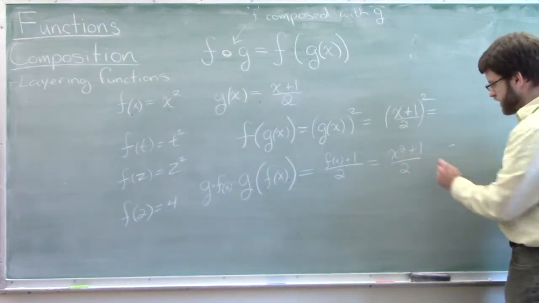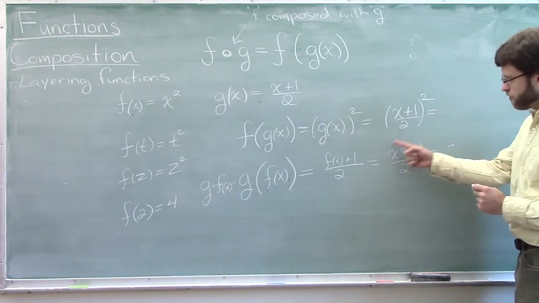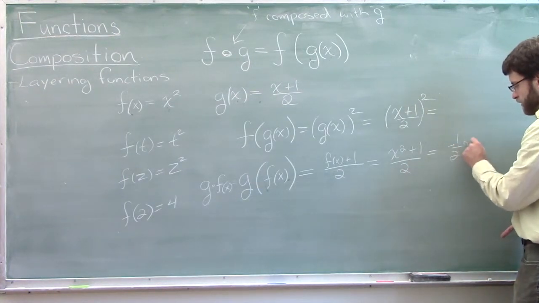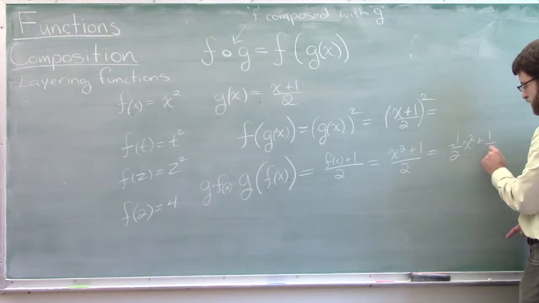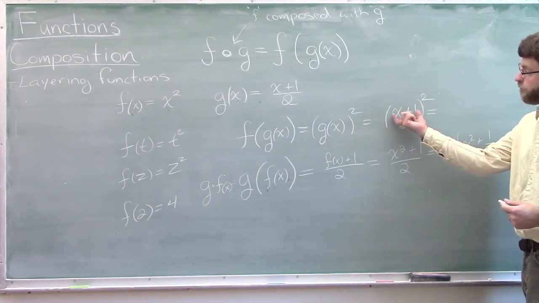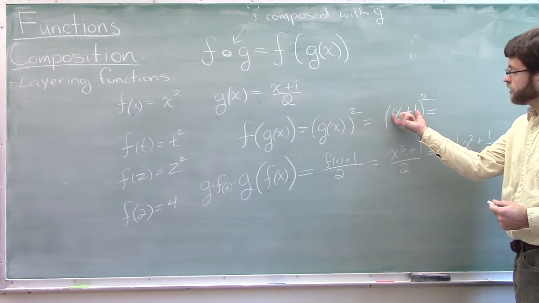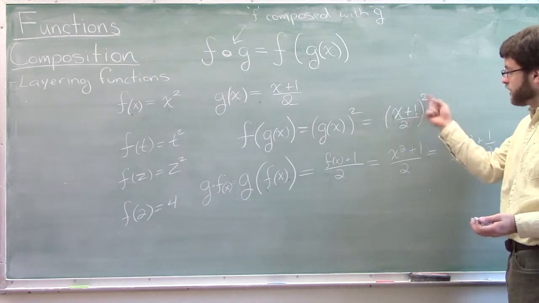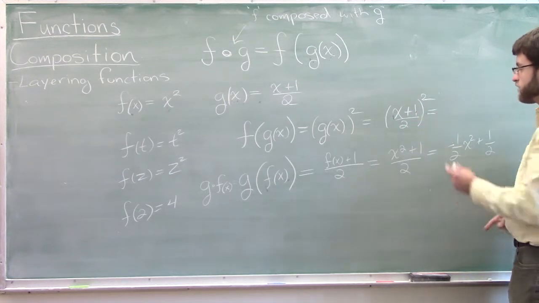Just multiply this out. This bottom term, if I distribute the 1/2, is 1/2 x squared plus 1/2. This first term, I have a binomial in the numerator, which I would have to multiply out more carefully, FOIL that out if you want. And I also have this 2 squared in the denominator.